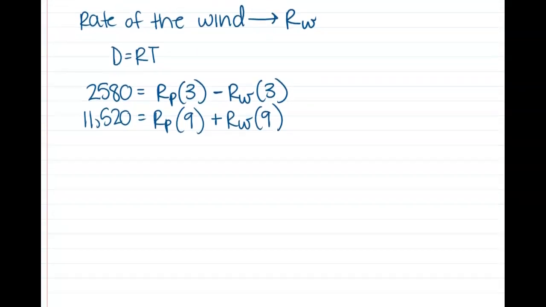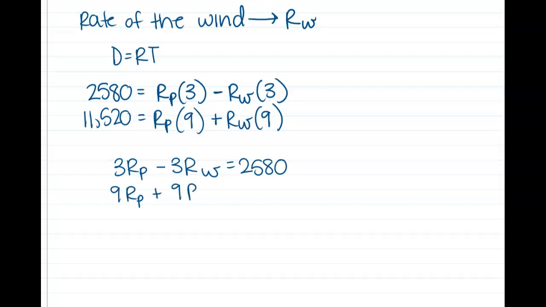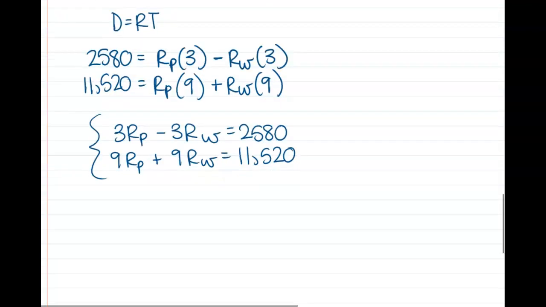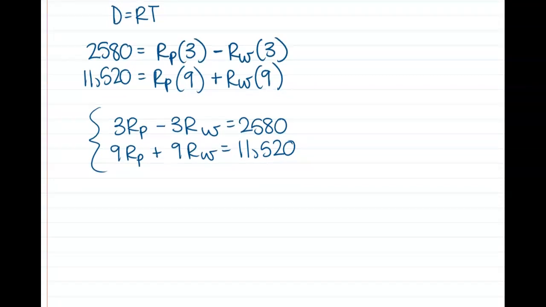And to rewrite a little bit, our system is 3RP minus 3RW equals 2,580, and 9RP, rate of the plane, plus 9RW equals 11,520. You can solve this with elimination.